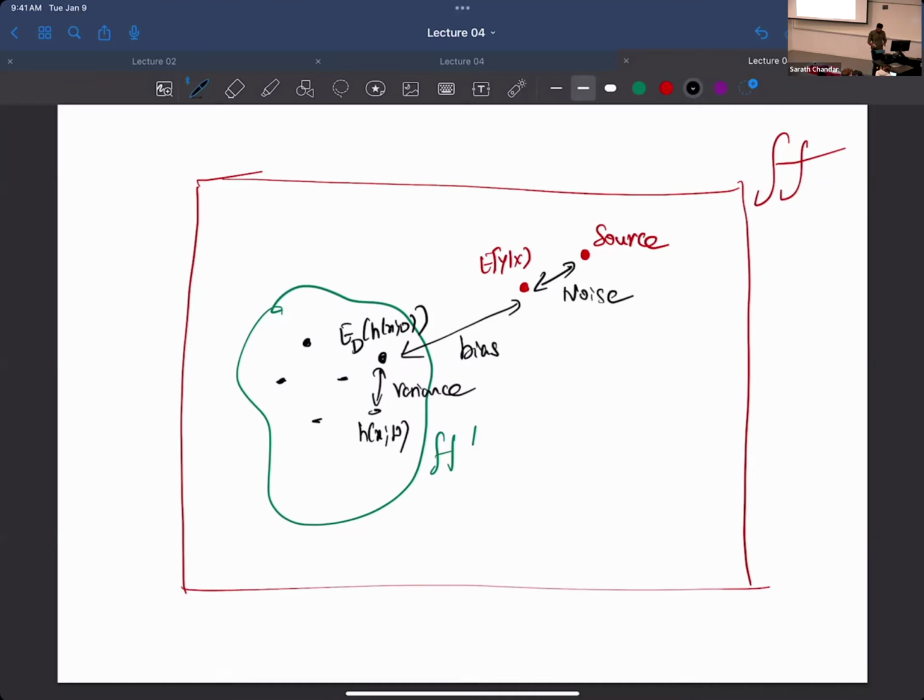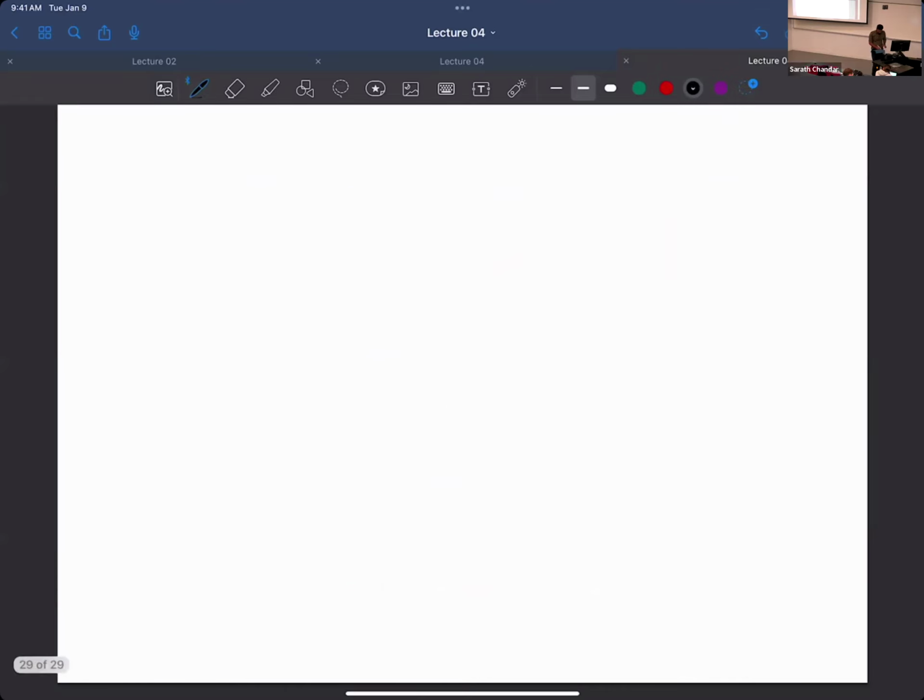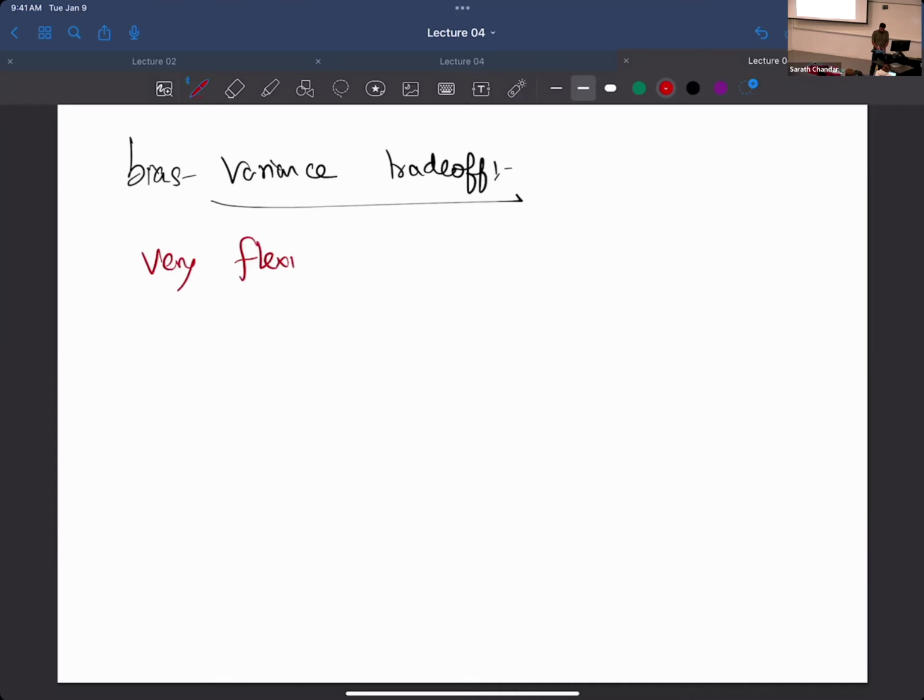Okay. So now let's talk about the bias and variance in detail. The bias variance trade-off. This is what I hinted towards the end of the last lecture. When you have a very flexible model, a model that makes the least possible assumptions, this means that the model has low bias.